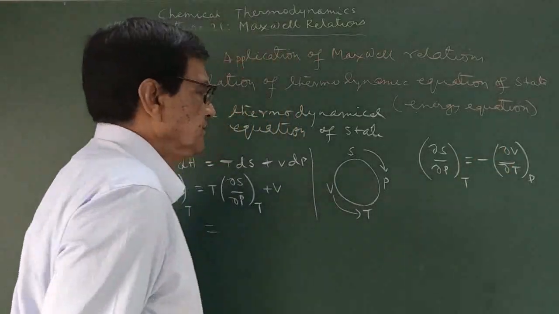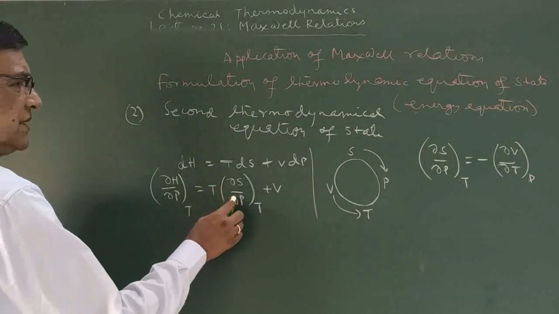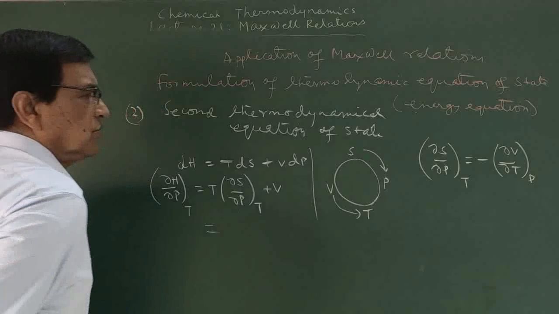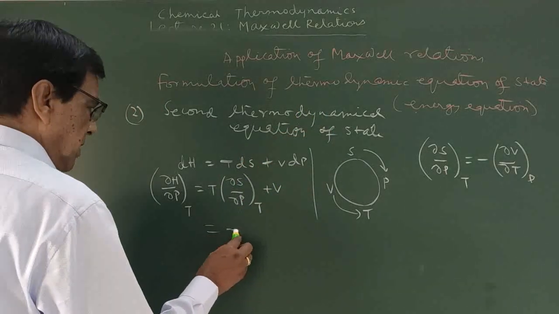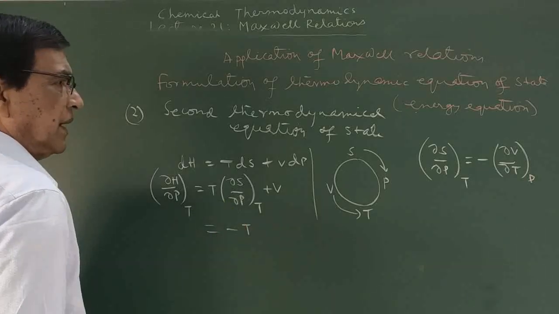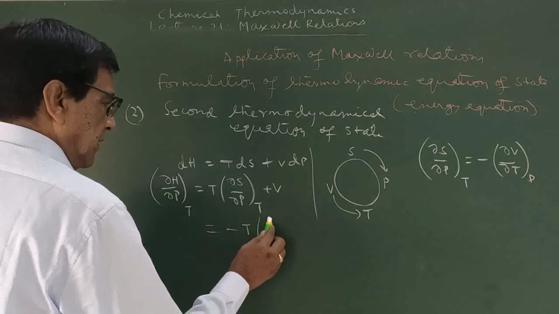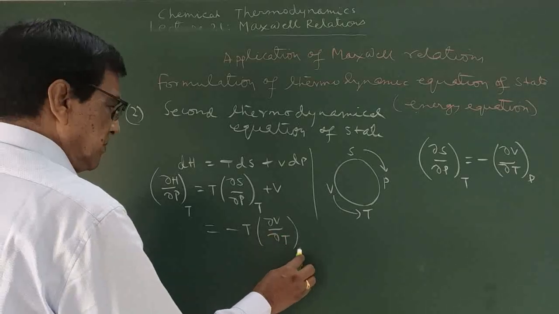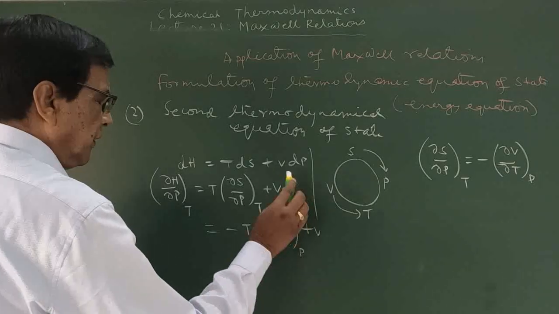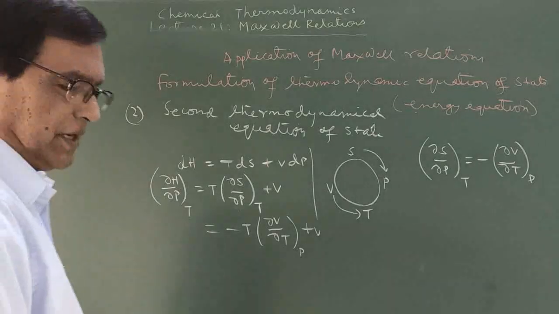So instead of writing this one, it is a measurable quantity we can determine by experiment, and so this is minus T ∂V/∂T at constant pressure plus V. So this is the second relation.